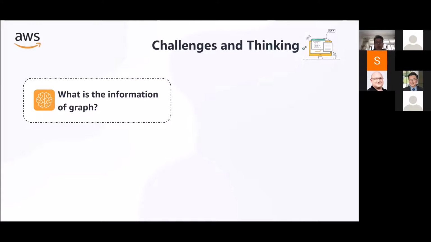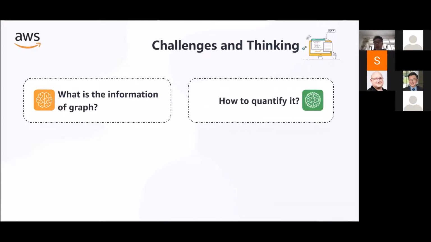If that number is larger, it means the graph is sparse. But do we have other quantified indicators of information in a graph? How do we quantify the graph structure or graph ego structure patterns that can be used for a graph neural network or other graph-related models?